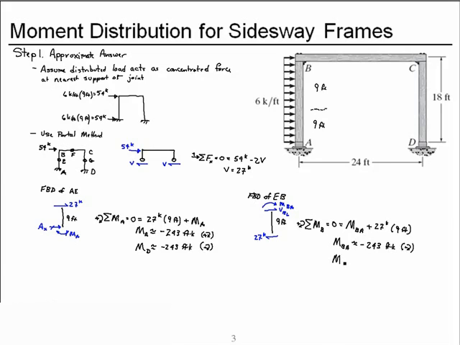And likewise, the moment at CD will also be negative 243, or something similar, we think. So now we have something we can compare to at the end of our moment distribution analysis.